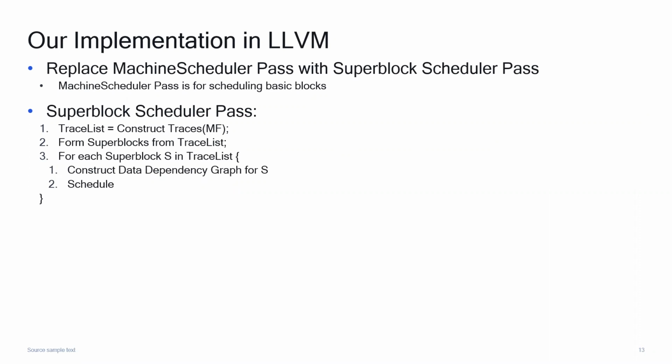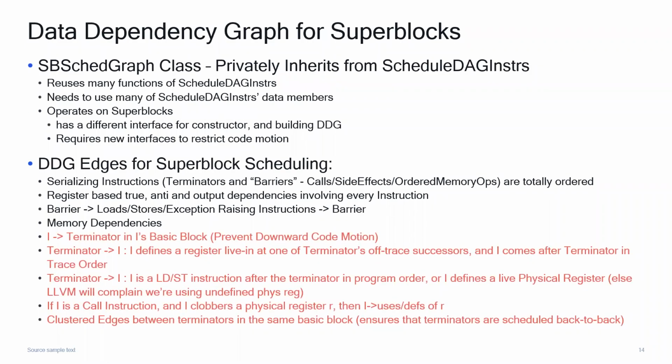In the superblock scheduler, first we construct traces, then we don't really have to do any transformation because our traces are already superblocks, so we don't have to do any tail duplication. For each superblock, we just construct the data dependency graph and schedule. So these are some of the implementation details.